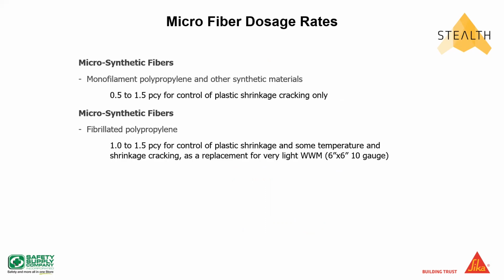And for the fibrillated products, anywhere from 1 pound to 1.5 pounds. We have done some heavier dosage rates to replace some heavier welded wire fabric, but typically it runs anywhere from 1 pound to 1.5 pounds.